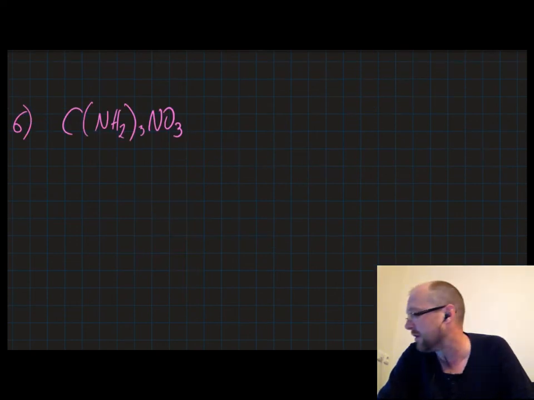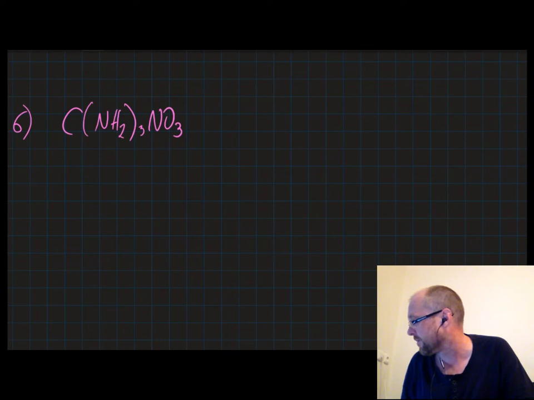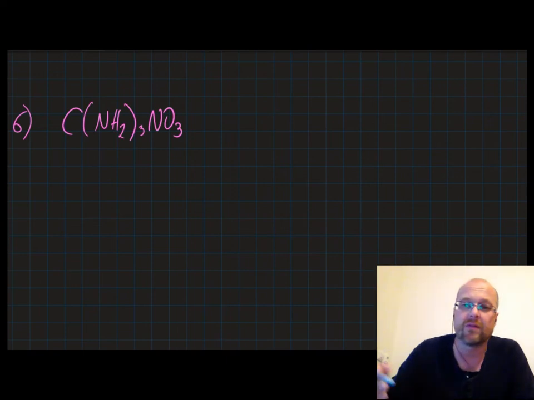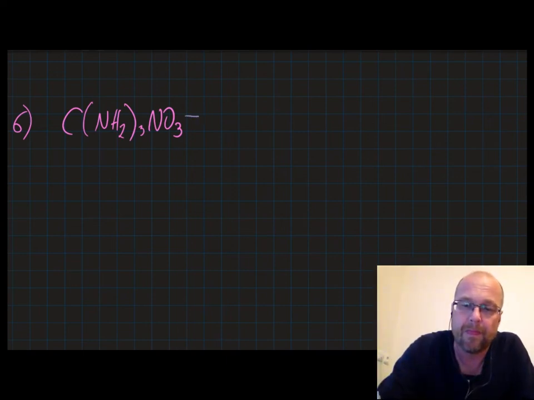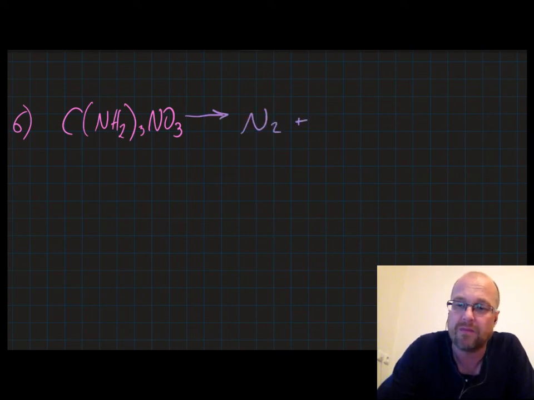Question 6. Only half the people could do this. You didn't lose any points for the state symbols. So I'm going to make nitrogen, N2, and carbon, that's just C on its own, and water.